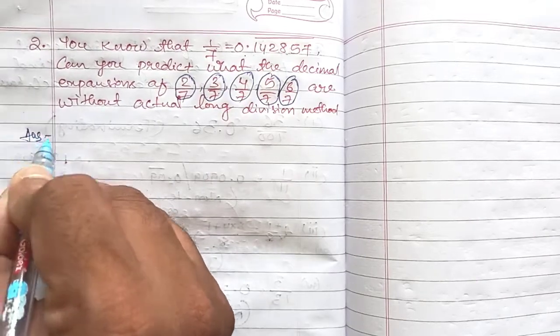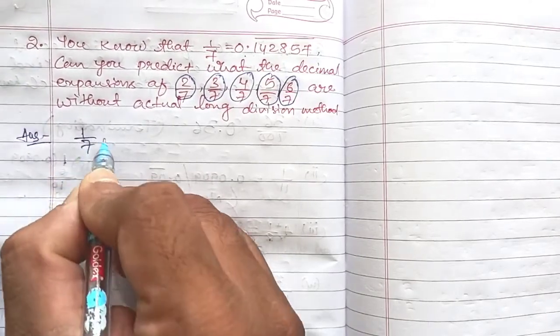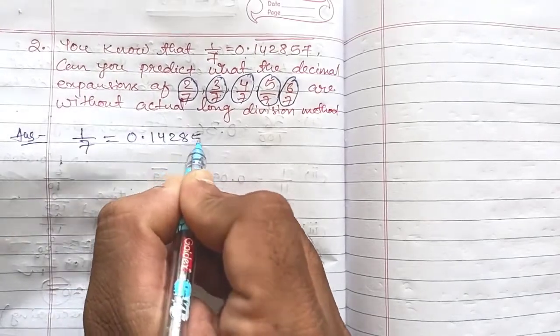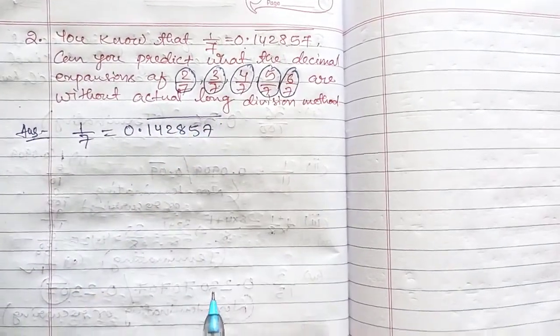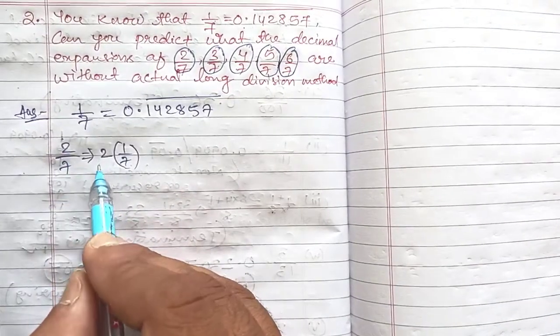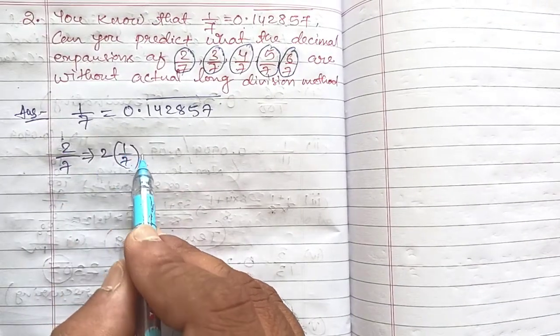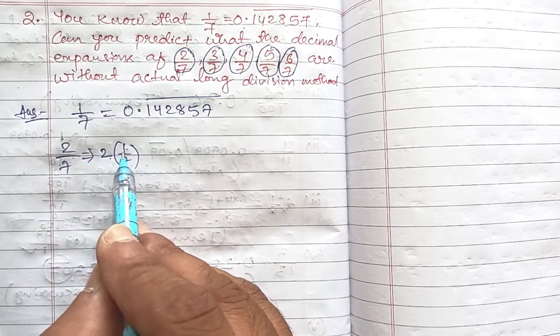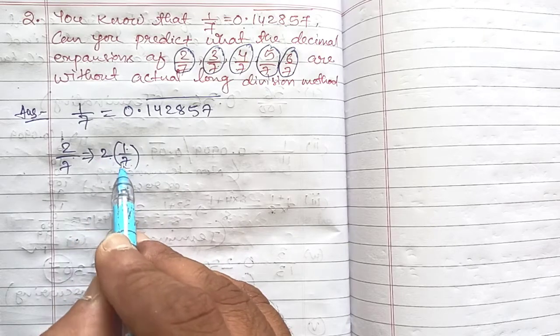So I will write what is given. Given is 1 by 7 equals 0.142857 bar. We will find out the value of 2 by 7. Can we write 2 by 7 as 2 into 1 by 7, because 2 ones are 2, so it is similar to 2 by 7. I have brought the 2 outside the bracket.